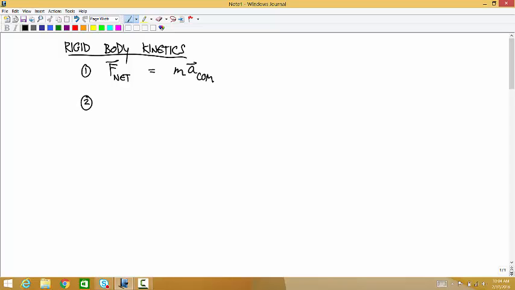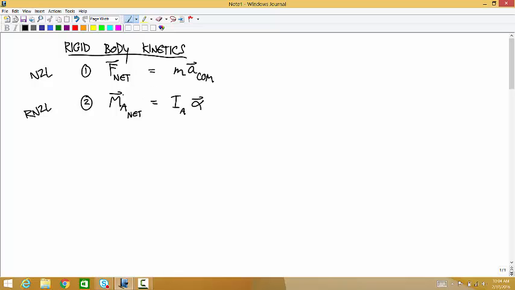And then the second, okay, so this is Newton's second law. I'm going to call that N2L. And then the second one is the net moment about a point A is equal to the moment of inertia about A times the angular acceleration vector. I'm going to call this one the rotational Newton's second law.